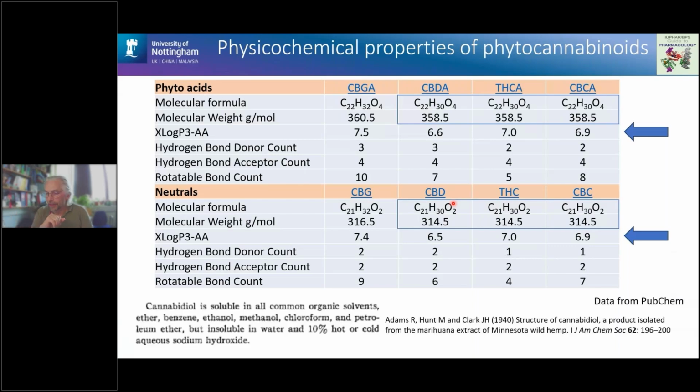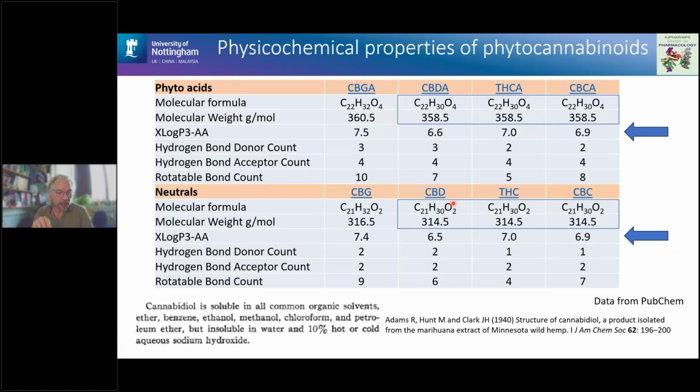And one of the early descriptions of CBD, isolating CBD from Minnesota wild hemp, identified that it was pretty soluble in most organic solvents, but effectively insoluble in water. And I think if I remember rightly, the absolute solubility in aqueous solutions is around about 12 milligrams in a litre. So it's not very much.